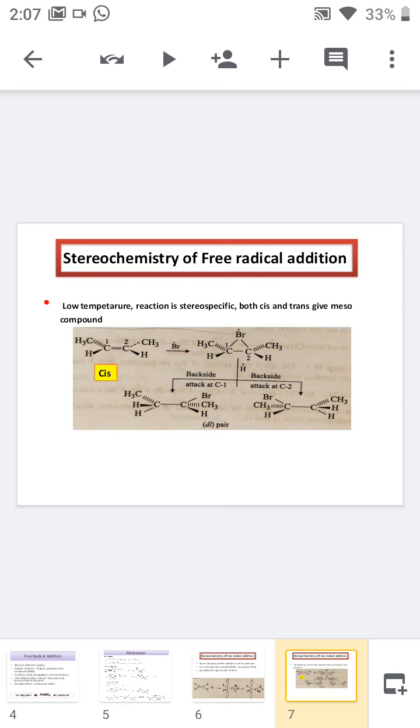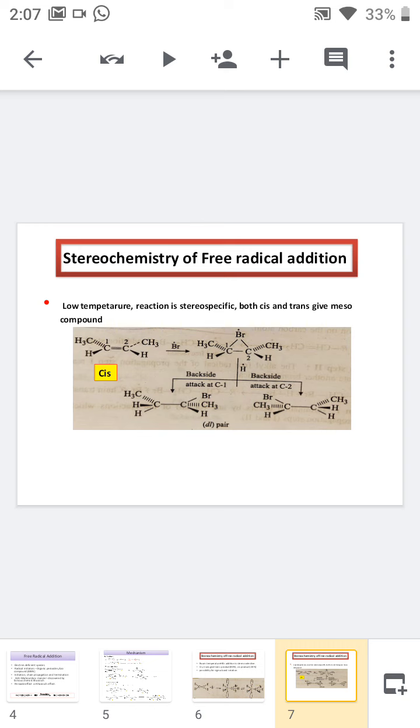Then if we are doing the same experiment at low temperature, that reaction is a stereospecific reaction, because stereospecific means we will get only one product if you are doing the same experiment on the trans and cis forms. See in this example, first of all we will take a cis isomer.